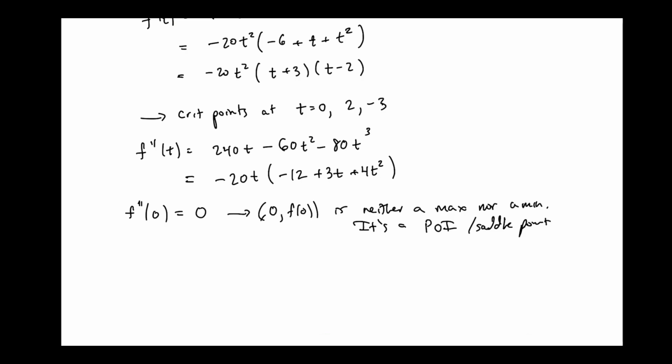Okay, so we have to do the same thing for 2 and minus 3. Again, I don't really care about the specific number I get, I just care whether it's positive or negative. If we plug in 2, we know the first term is negative because of the minus sign. What do we get if we plug in 2 in the quadratic term? I just care about the sign. 2 squared is 4, times 4 is 16. 3 times 2 is 6, so I've got 16 plus 6 minus 12, definitely positive.